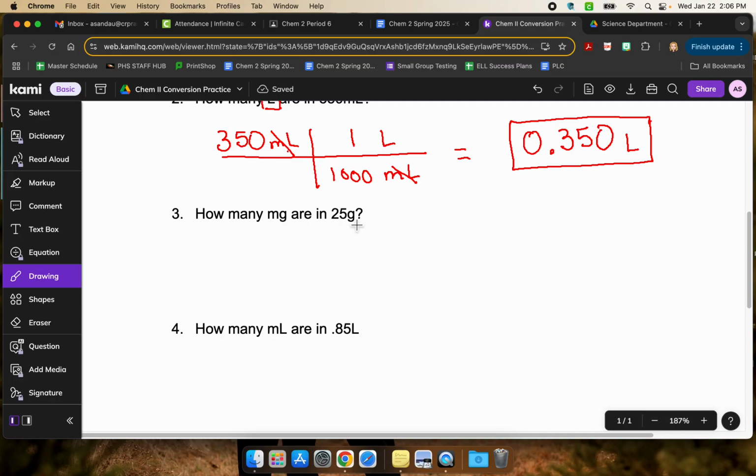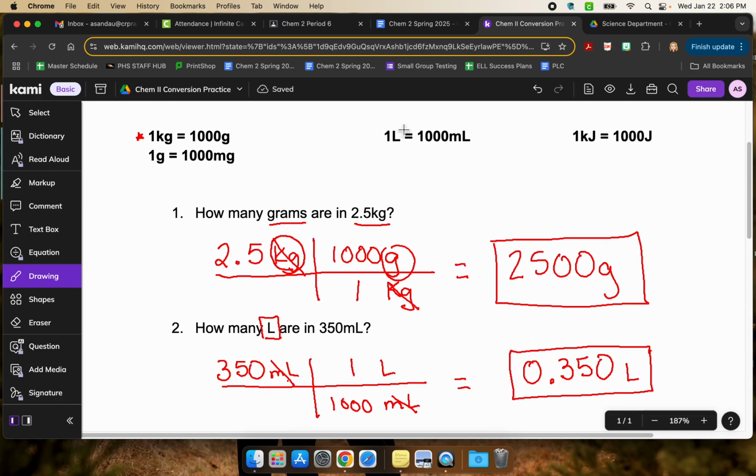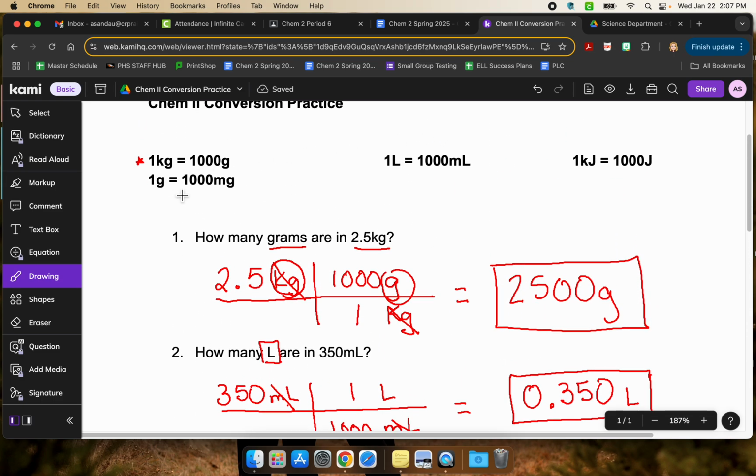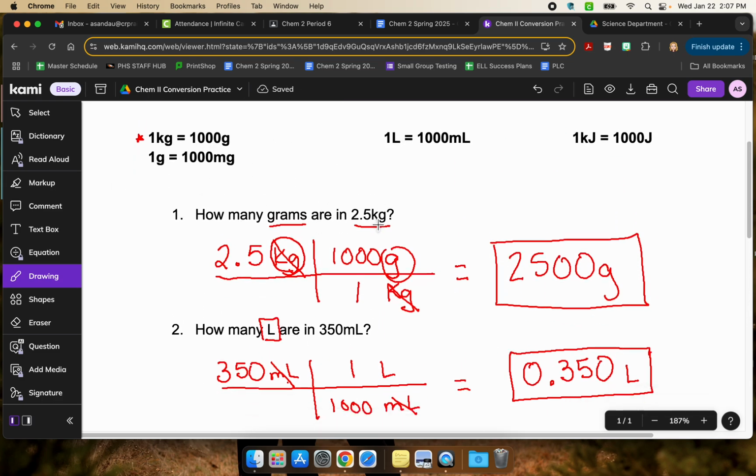How many milligrams are in 25 grams? So I'm going to start with what I know, 25 grams. And then I know the unit that I start with goes on the bottom of the next one. And they're asking me to go to milligrams, so that's what's going to go on top. And then you look up at the top of your page for anything that goes between milligrams and grams, which this one does right here.